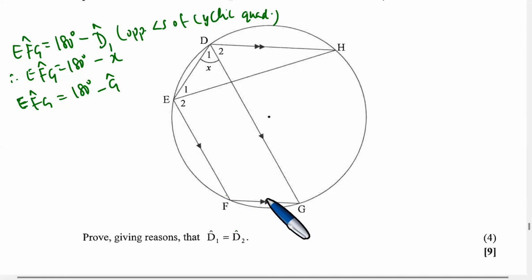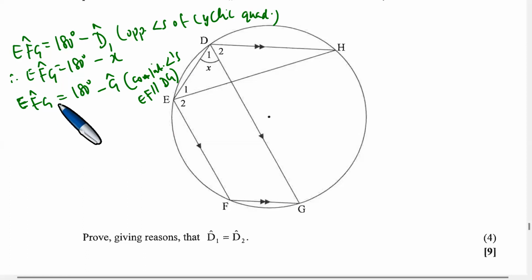This one and this one must give 180 because these lines are parallel. So this plus this must be 180, so that EFG is 180 minus G. And here, these are co-interior angles. The reason is that EF is parallel to DG.